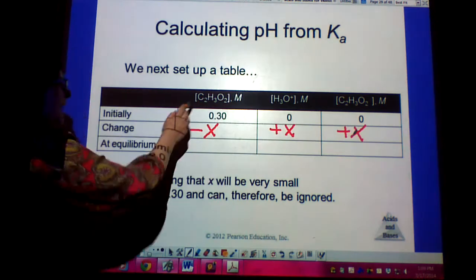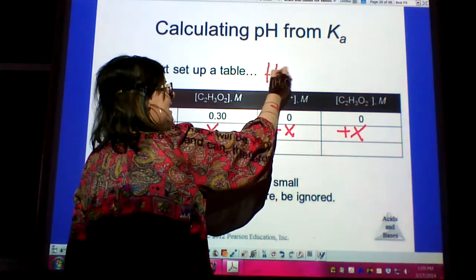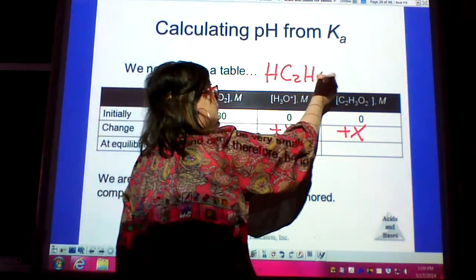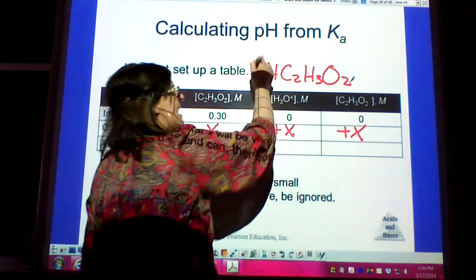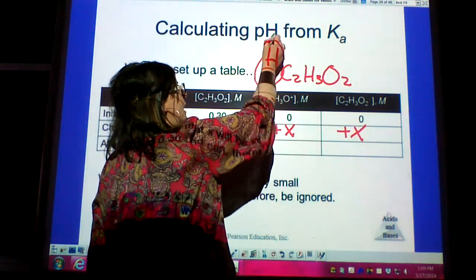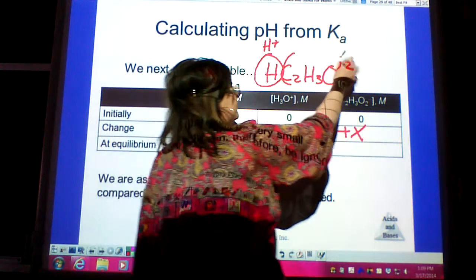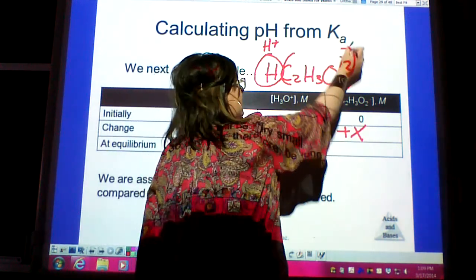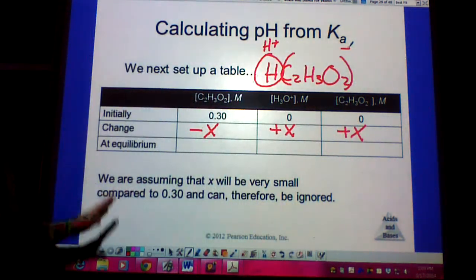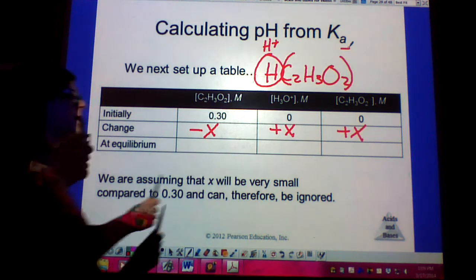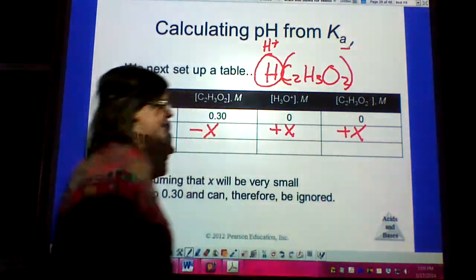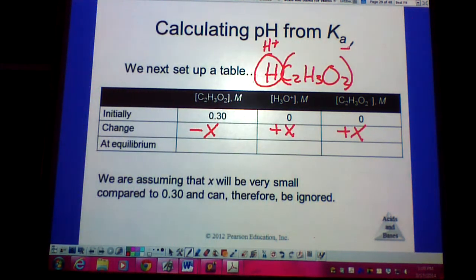Acetic acid is H, C2, H3, O2, so if I'm taking away this H+, I'm left with one acetate ion, which is a minus. So I have a 1-to-1 ratio of ions, which is why this is plus X and plus X, not 2X or 3X. So just plus X and minus X here.